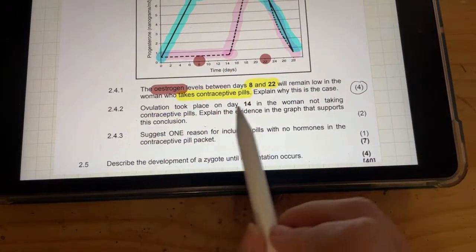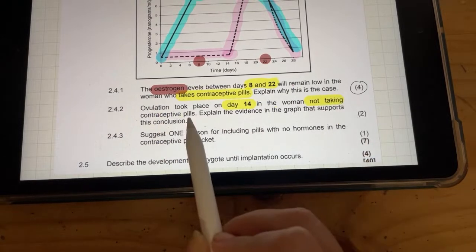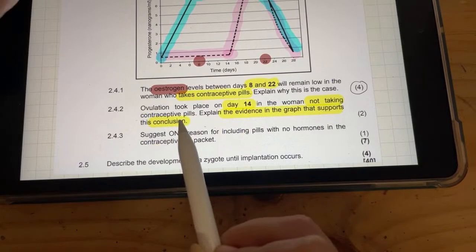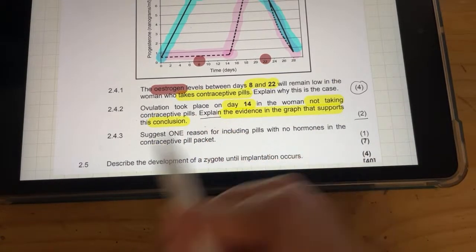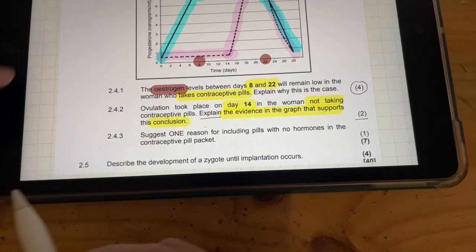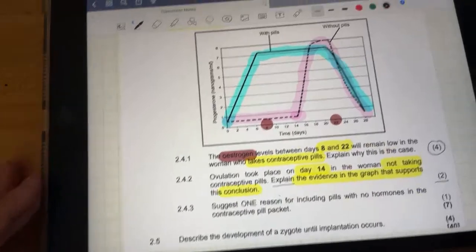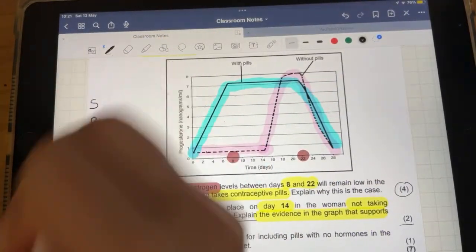It says ovulation took place on day 14 in the woman not taking the contraceptive pills. Explain the evidence in the graph that supports this conclusion. Now, I want to remind you that this is for 2 marks. It's an explain question, and I say this to my students all the time. If it is an explain question, it must have a statement and a reason, right? So statement, reason.